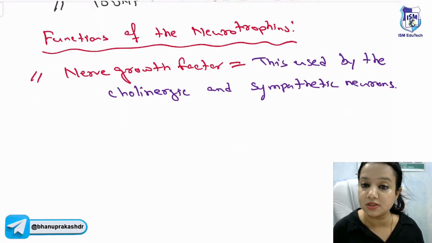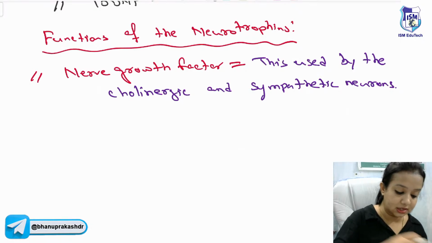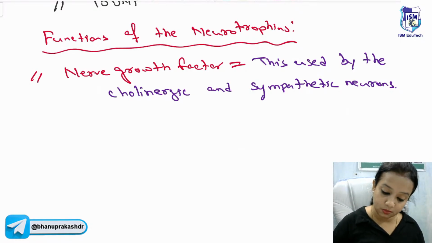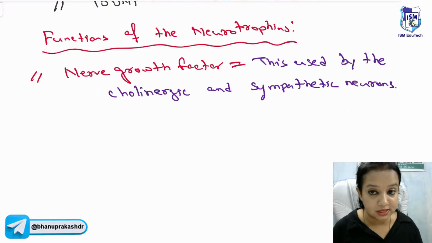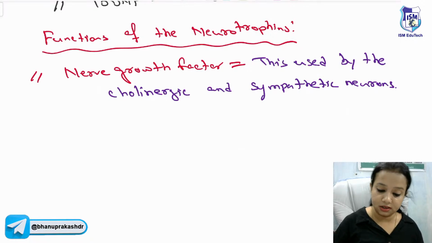Cholinergic in nature means it secretes acetylcholine. So this nerve growth factor is needed for the growth and survival of the cholinergic and sympathetic neuron.